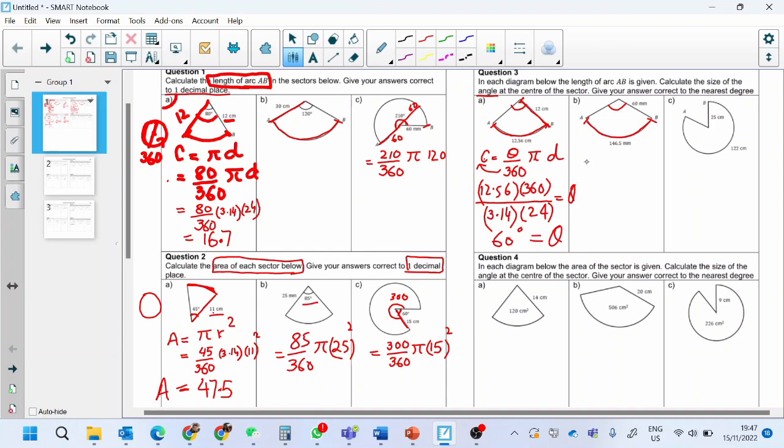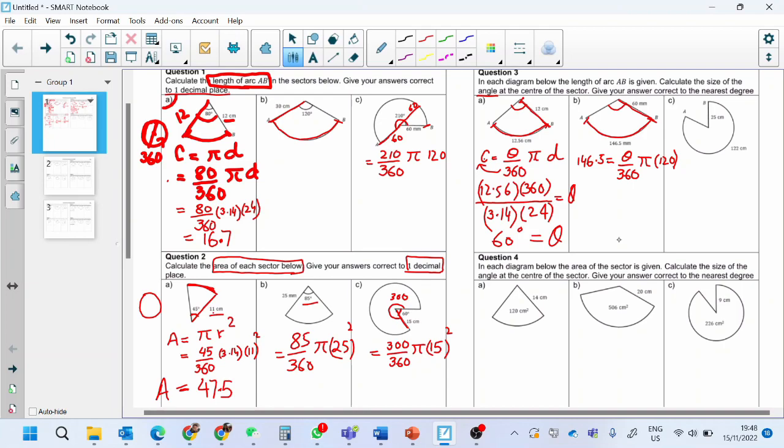So in the same way you can write 146.5 is equal to theta over 360 times pi times d, and if this radius is 60, then d is 60 times 2, which is 120. If you solve this equation, take everything other than theta to the other side of the equation, and then you can find the angle.